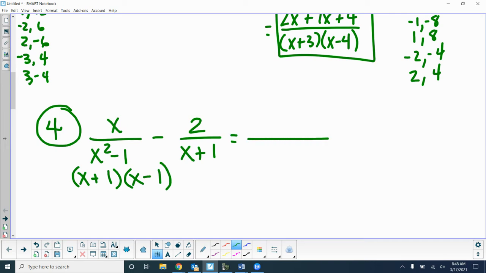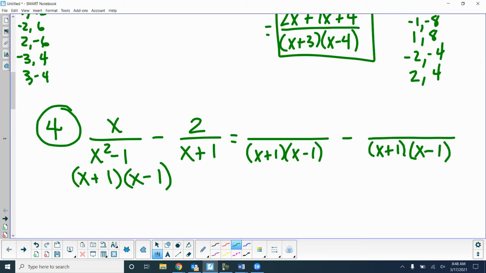So I write down whatever shows up. If I see an x plus 1 show up, I write it down. X minus 1 shows up, I write it down. X plus 1 showed up again, I don't have to write it down again. So is it x plus 2? I'd have to write it down, because it's different than the other two, right? So that's my common denominator for my two fractions.